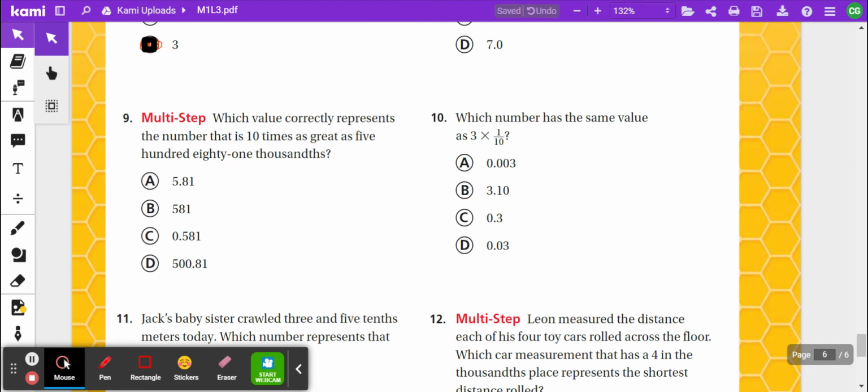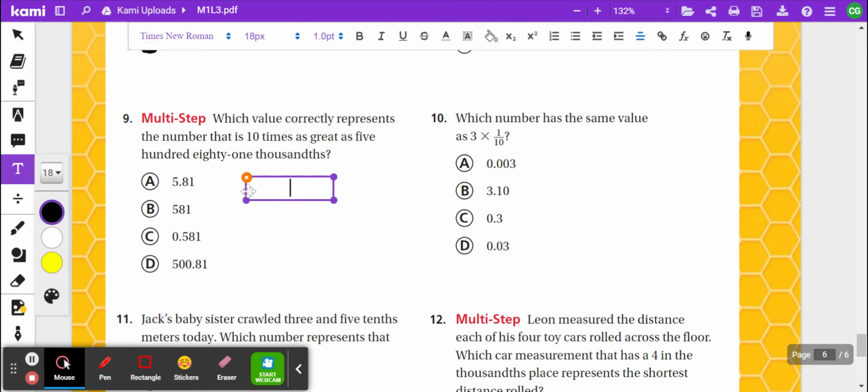Which value correctly represents the number that is 10 times as great as 581 thousandths? Okay, so I'm going to write this out over here. I have 0 ones, 581 thousandths, and it's going to be 10 times as great.